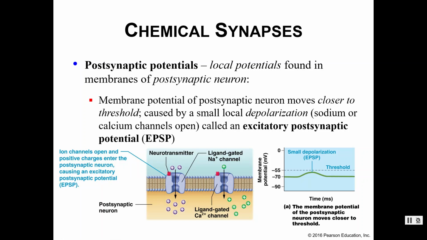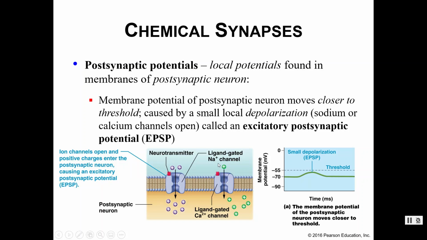If the membrane potential of the postsynaptic neuron moves closer to threshold, so if we're going from -70 up towards -55, these are small depolarizations. These are excitatory postsynaptic potentials. We are getting closer to threshold. We are making it more likely that we would trigger an action potential. We could do that by opening sodium channels.